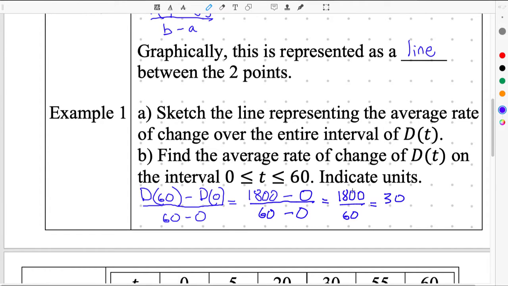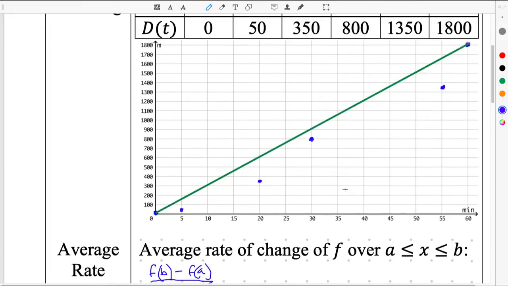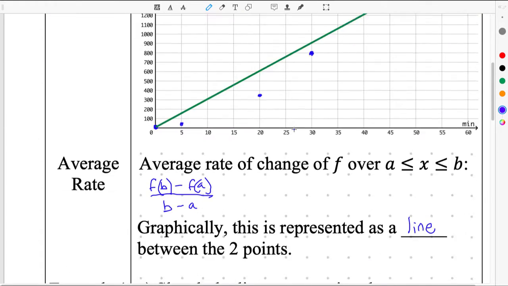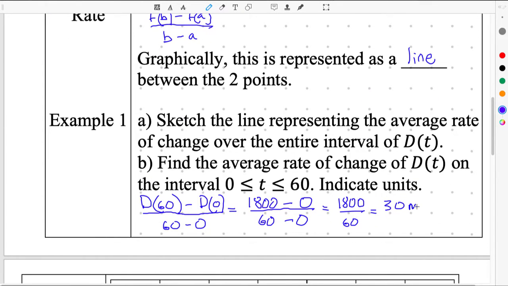Okay, but indicate units. You only get it correct if you have units. So what are our units? It said in the problem it's meters per minute. So 30 meters per minute. And there's our final answer.